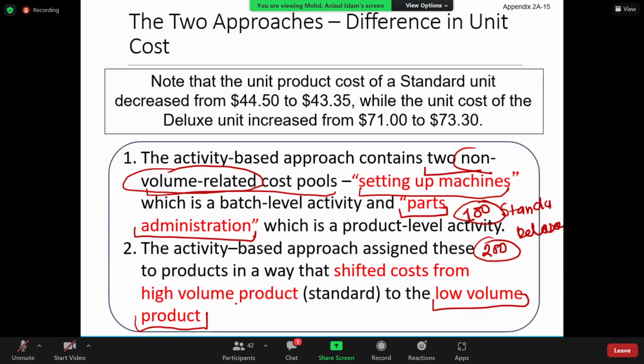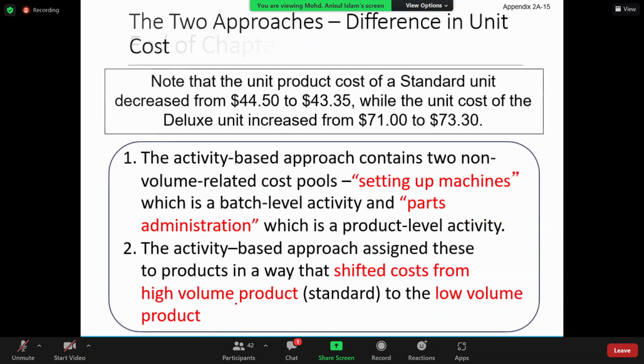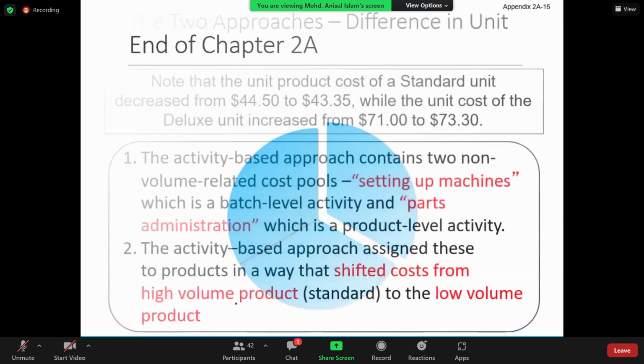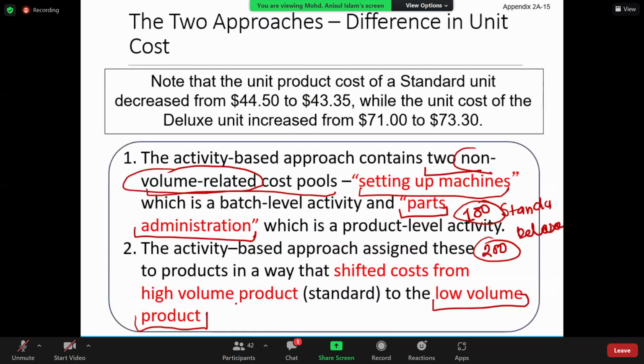That is the reason why the costs are changing when using a different approach of absorption costing. So that is the understanding of activity-based costing in comparison to the traditional approach. So let me finish here for this part.